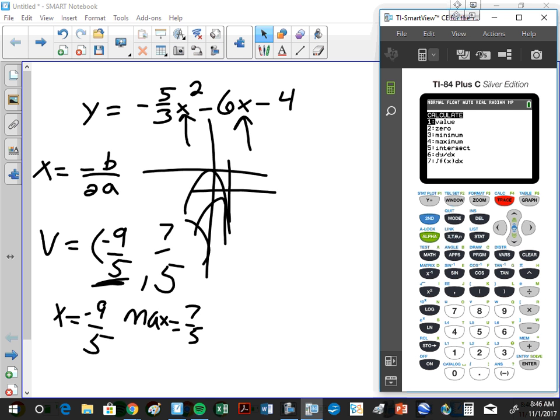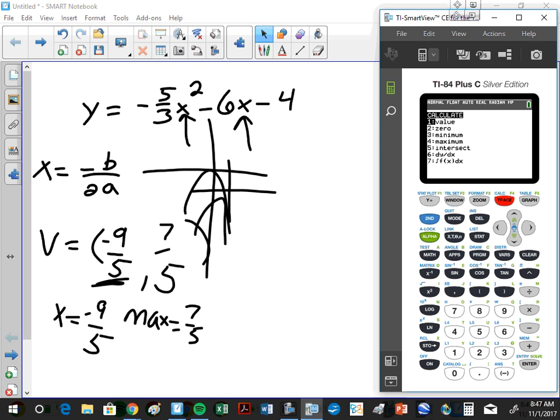Intersect is going to tell me where two different graphs hit, and I don't have two graphs. So which one should I use? Value will tell me any number I want, so you would plug in 8 and get your answer. The vertex is either the maximum or the minimum. In this case, it's going to be a maximum.